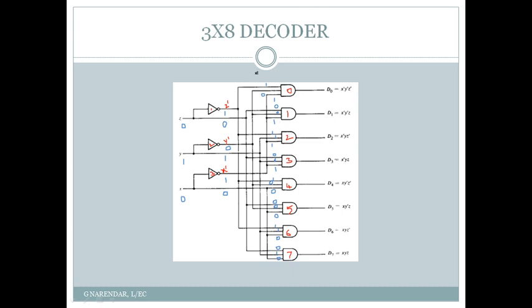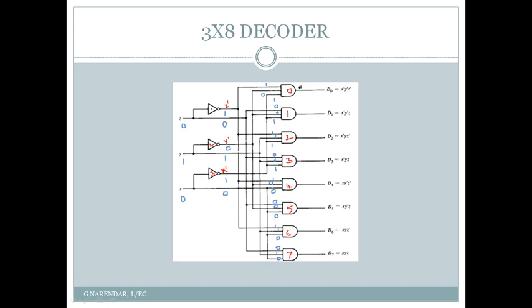Now we start writing the outputs of each AND gate. We can easily say that for an AND gate, if at least one of the inputs is 0, the output is 0. The output is 1 only when all of the inputs are 1.